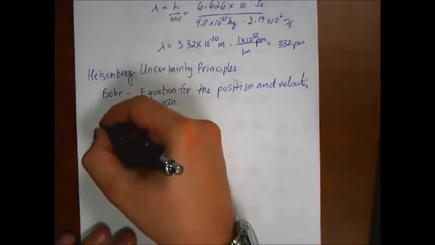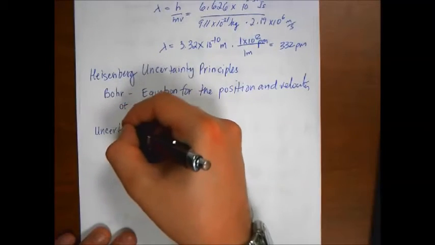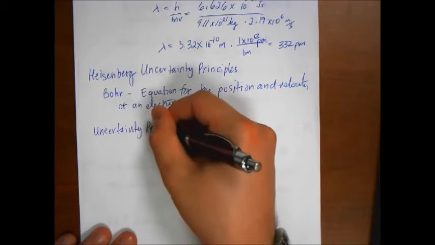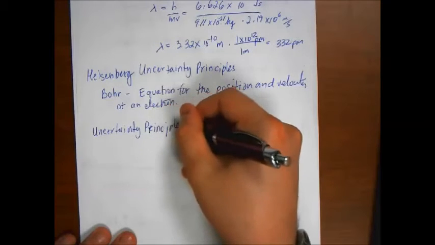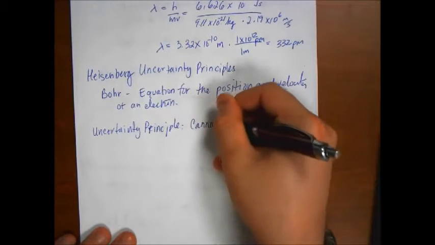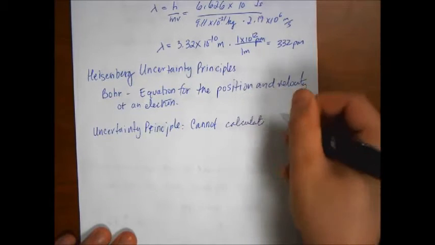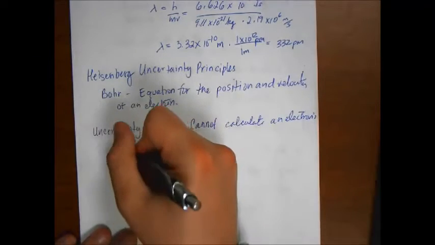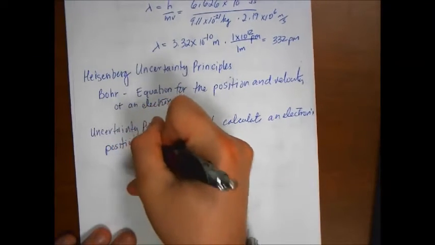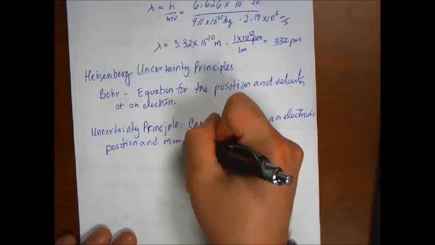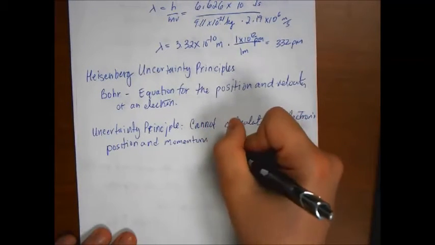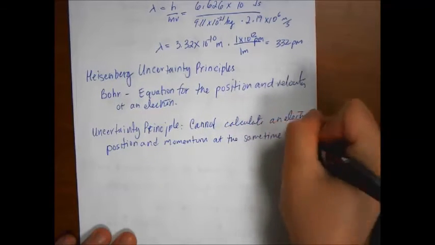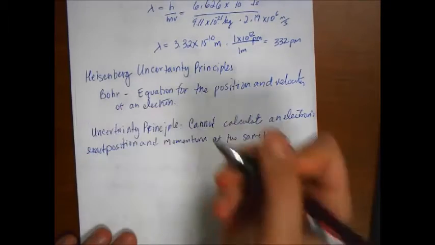So this comes down to what Heisenberg did and his uncertainty principle. The Heisenberg uncertainty principle says that you cannot calculate an electron's position and momentum at the same time. I should say exact.